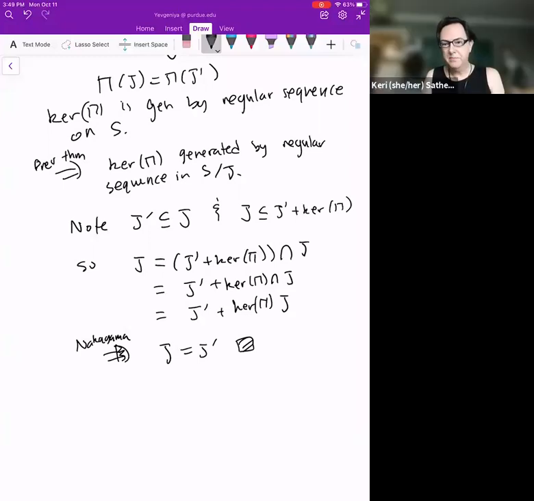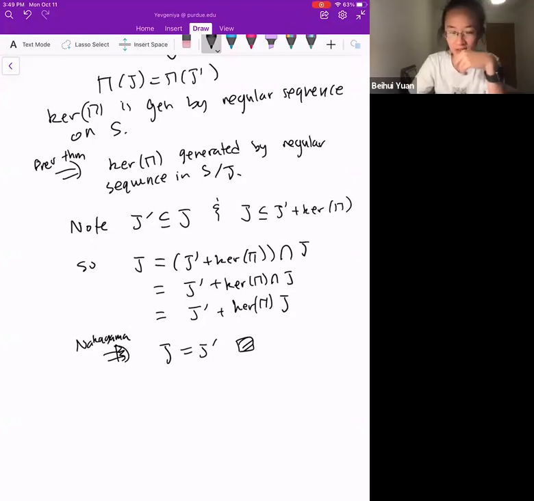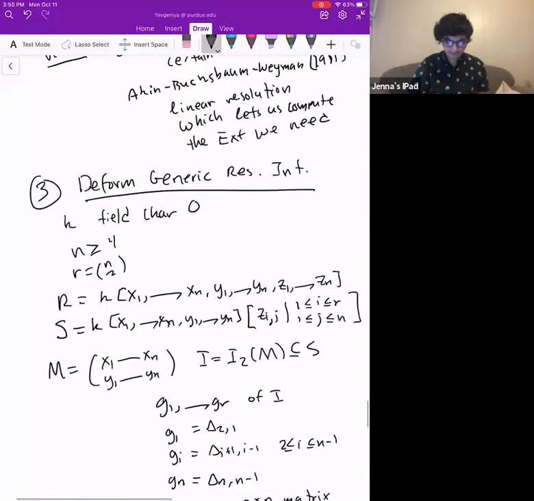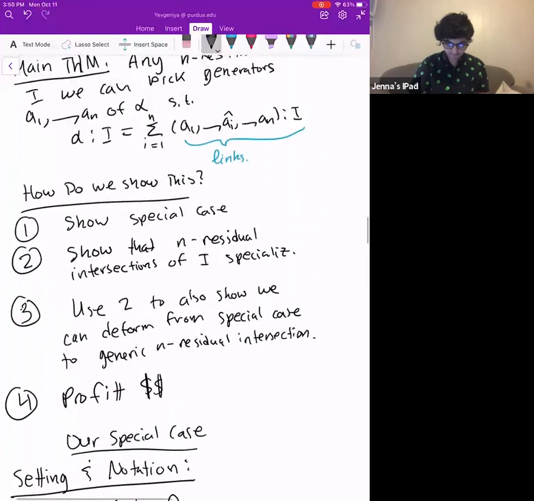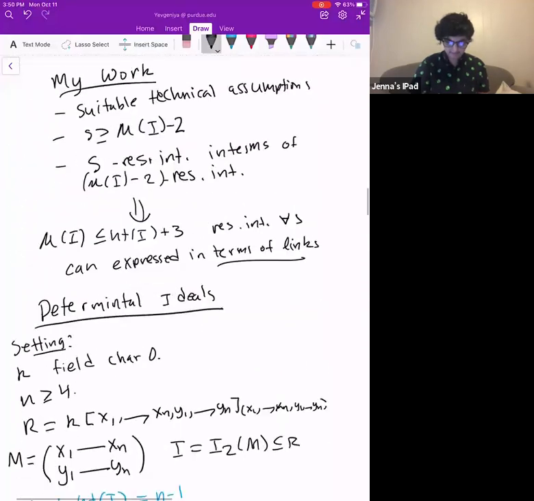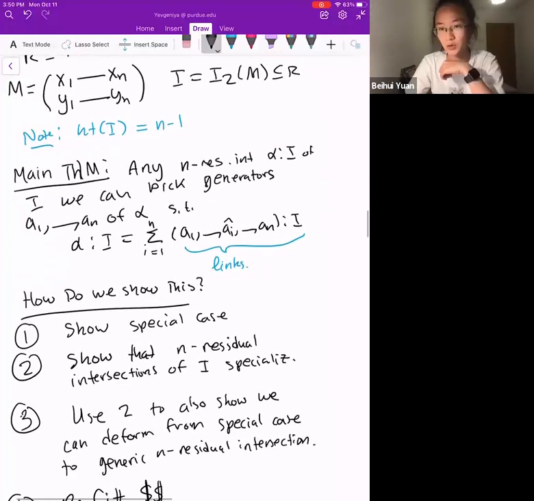So may I ask a question? Yeah. So can we generalize this to if alpha generates an ideal which is Gorenstein rather than a complete intersection? If alpha generates an ideal that's... so alpha is not a regular sequence.